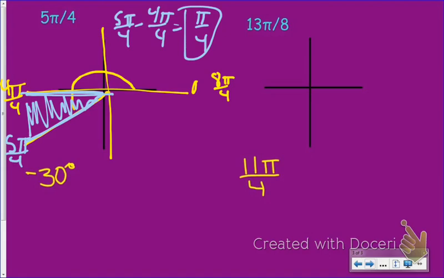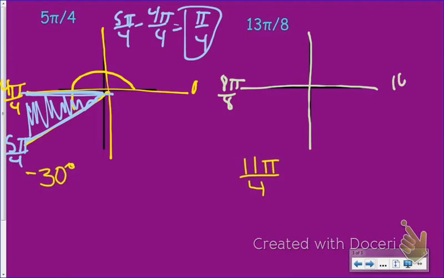Alright, for this next one, we're going to graph the angle 13 pi over 8. So the first thing I need to do, again, I'm going to find 1 pi. I'm going to write it with a common denominator, so that's 8 pi over 8. Then all the way around my full circle would be 16 pi over 8. That's the same thing as 2 pi. So I need to figure out, is 13 pi over 8 going to be in the third quadrant or the fourth?